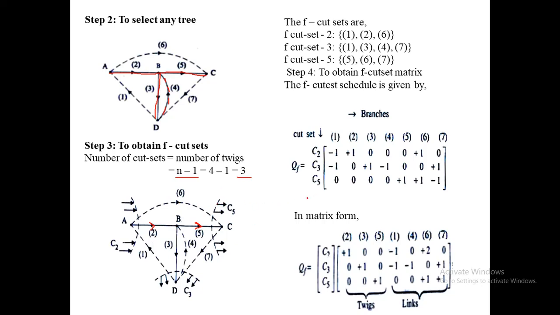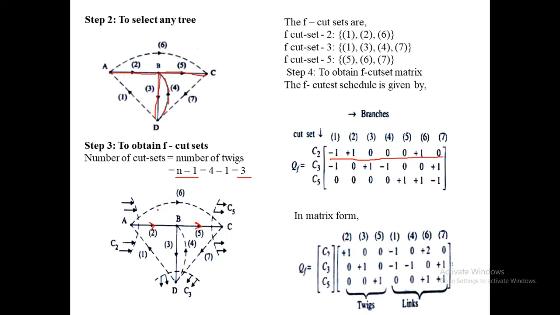Next we have to write the first row of this cut set schedule. Here consider this first cut set C2. Here the branch of the tree is in this direction, and the cut set direction is also the same. We can put the value as +1.